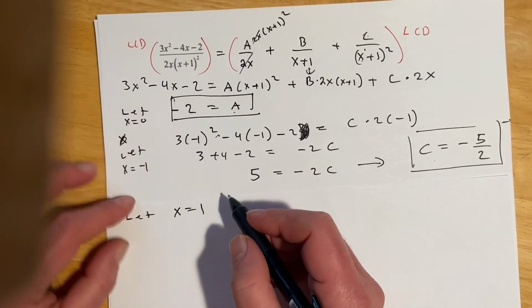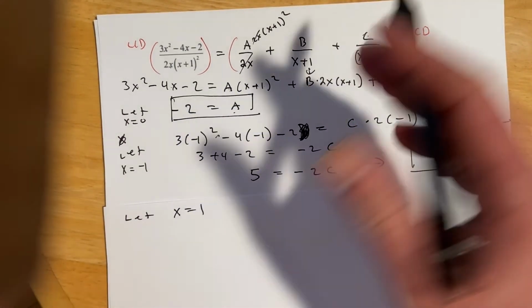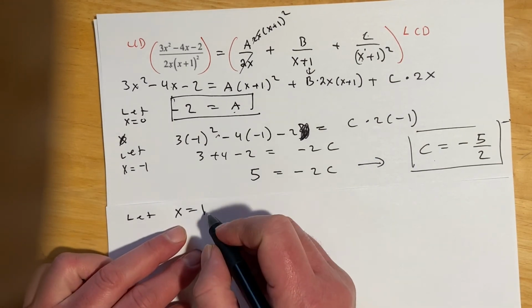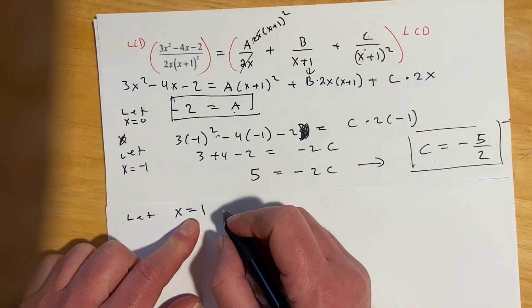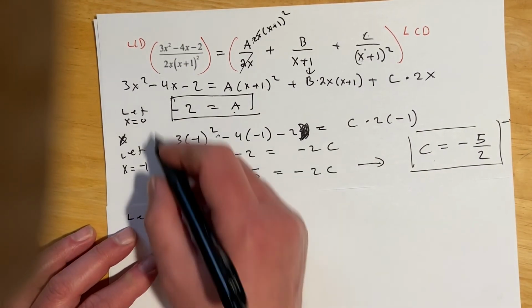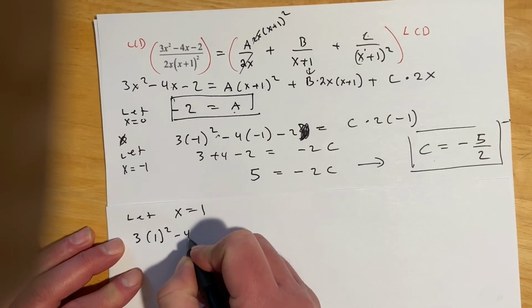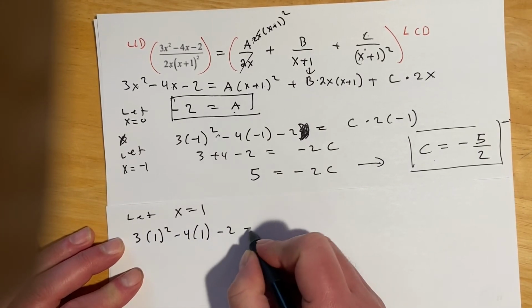We can pick whatever value of x we like. We picked the zeros because they're helpful, but we could have picked 3 values, set everything equal, and then solved the system's version of this as well. So we'll let x equal 1 with a as -2 and c as -5 halves. So coming up here, I'm going to have 3 times 1 squared minus 4 times 1 minus 2.